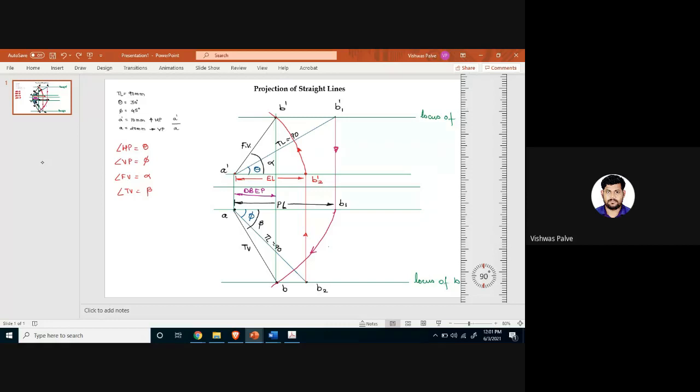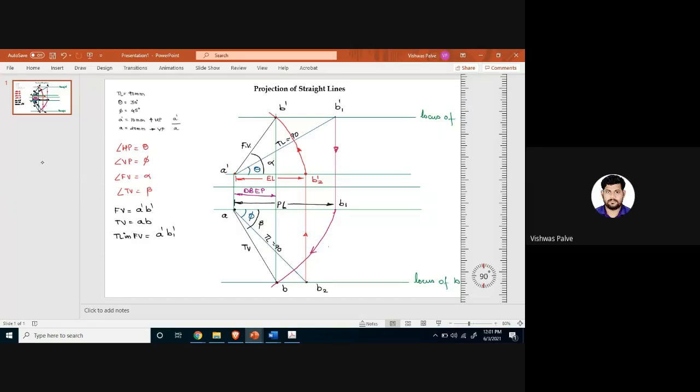Now front view. What is the notation for front view? A dash B dash. Top view notation, AB. What is the notation for true length in front view? A dash B1 dash.